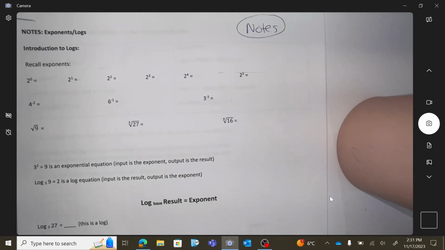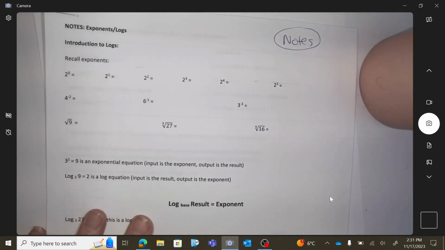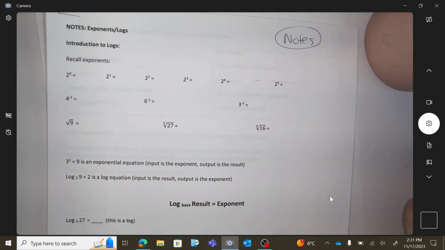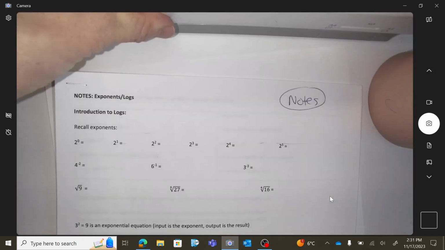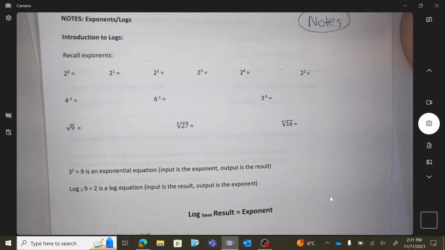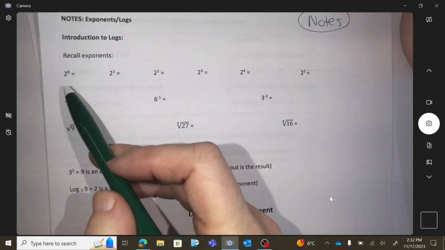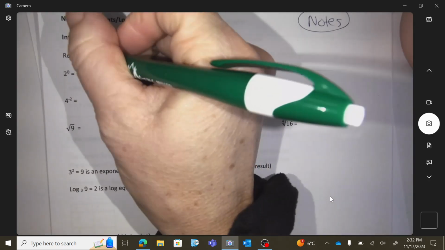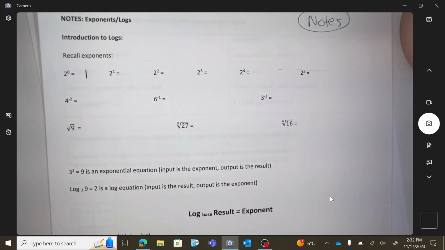Okay, so we're going to talk in this unit about exponents and logarithmic expressions, equations. So we're going to start by recalling some stuff with exponentials. Lots of this comes from grade 9 and 10. I know we didn't do much of it in grade 11. Anything to a 0 power is 1.